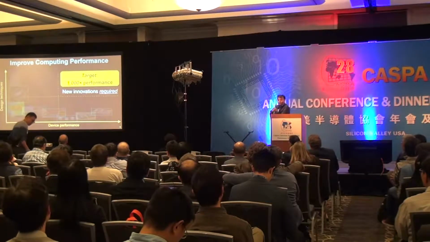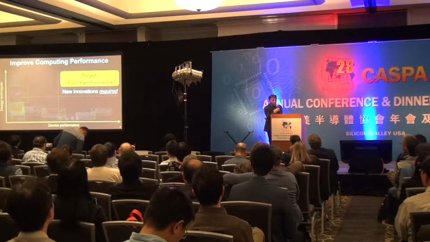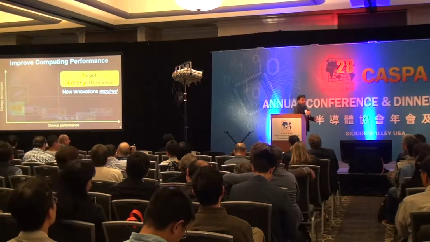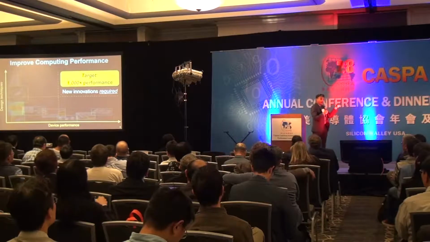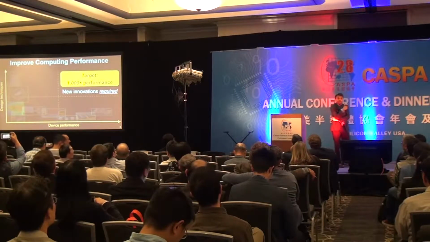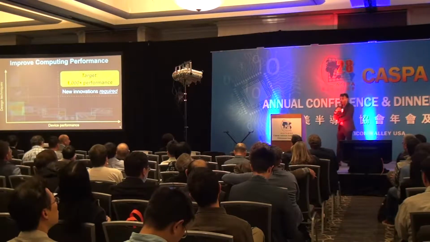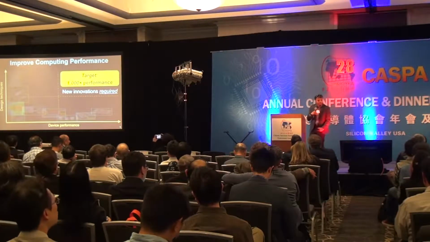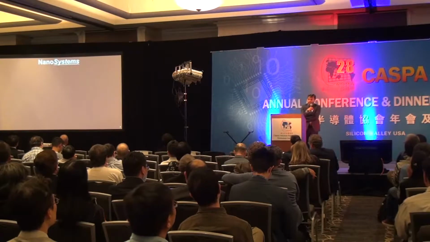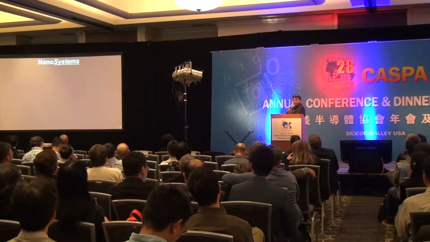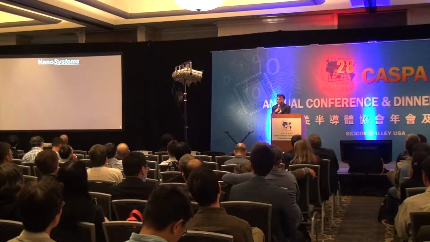And how do we improve computing performance by 1,000 times? Neither one of these, either better devices or these design tricks, they cannot get you to 1,000x, and that requires new innovations. And the specific innovation that I'm going to talk about today is what I call a nanosystem.